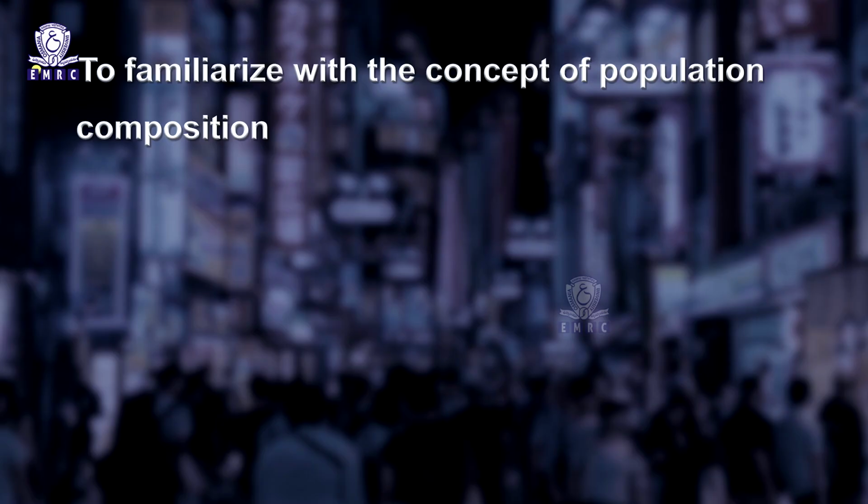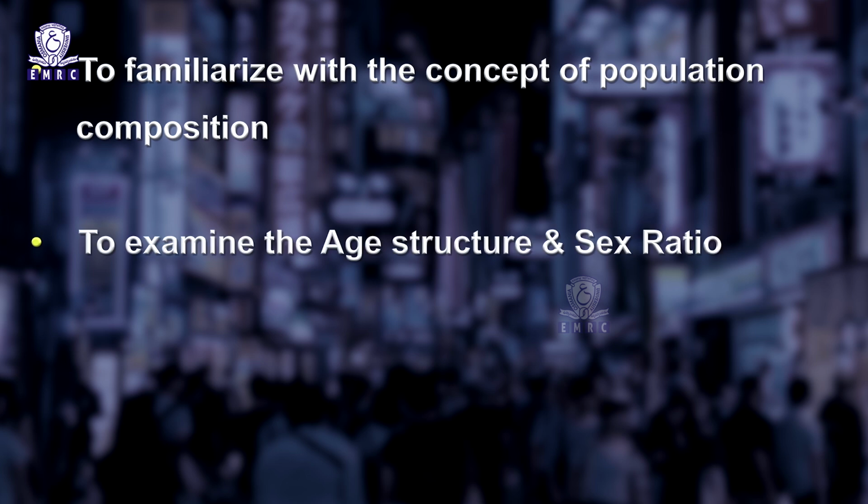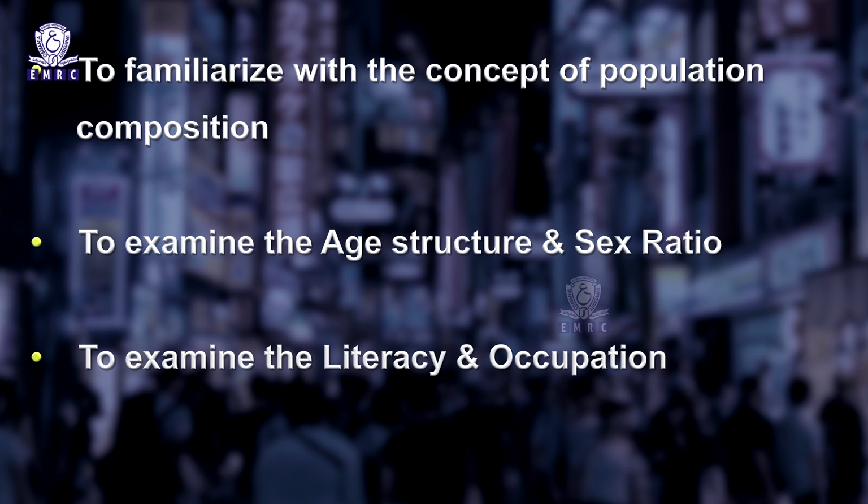To familiarize with the concept of population composition, to examine the age structure and sex ratio, and to examine the literacy and occupation. Population composition refers to the physical, socio-cultural and economic attributes of population such as age, sex, place of residence, religion, language, marital status, ethnicity, literacy, education and occupation.